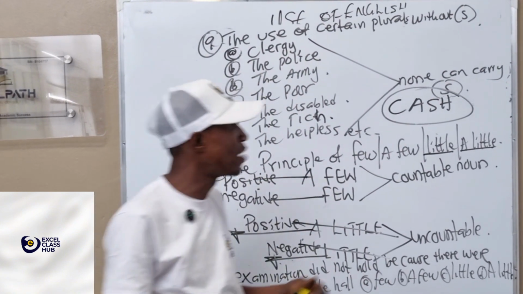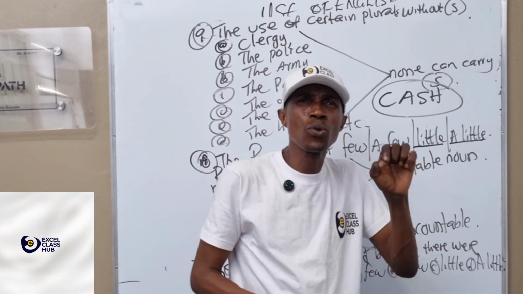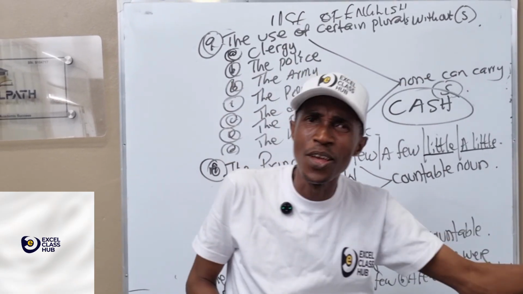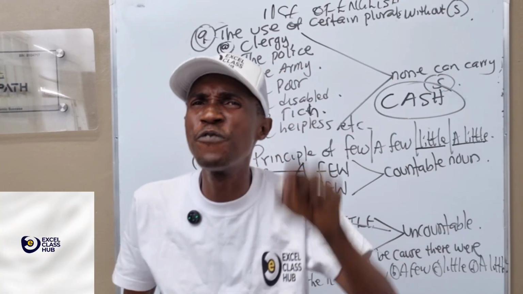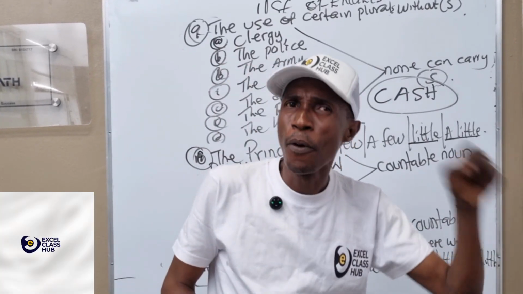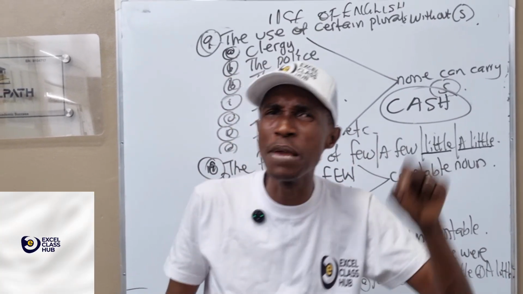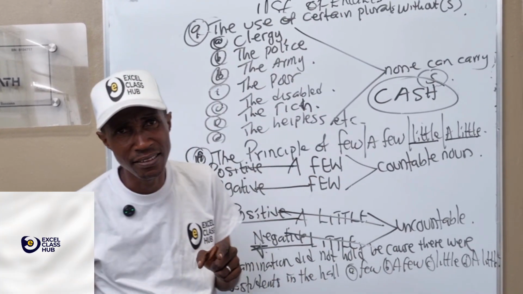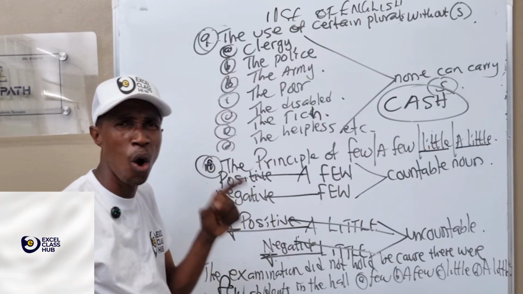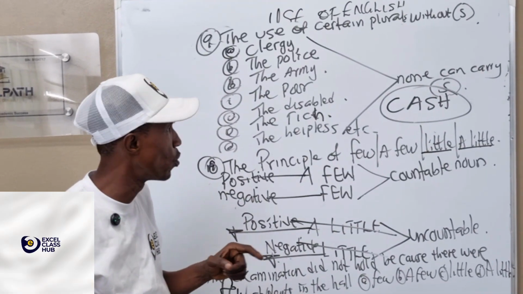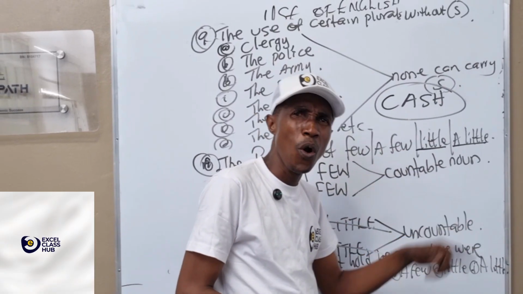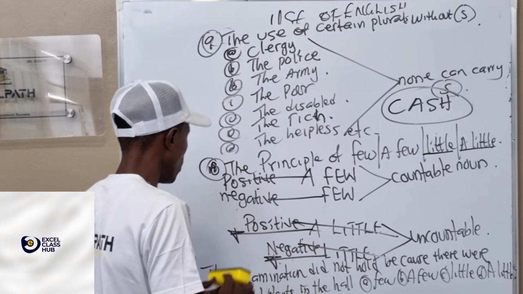It means I cannot give you anything because I have what? Little cash with me, not few cash with me. Money is not countable. Money is uncountable. So whenever I want to make use of cash, you use it with little or a little.